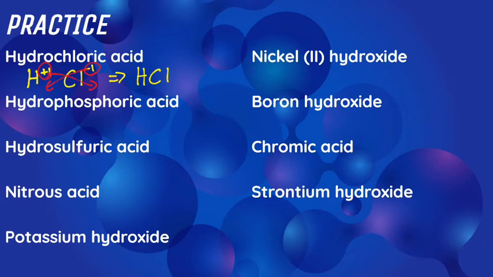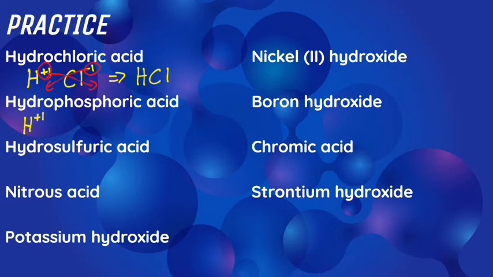All right, let's go ahead and take a look at our hydrophosphoric acid. It is an acid, so I do have my hydrogen out front with a +1 charge. Hydro, no oxygen. So this compound does not have oxygen in it because of that prefix of hydro.